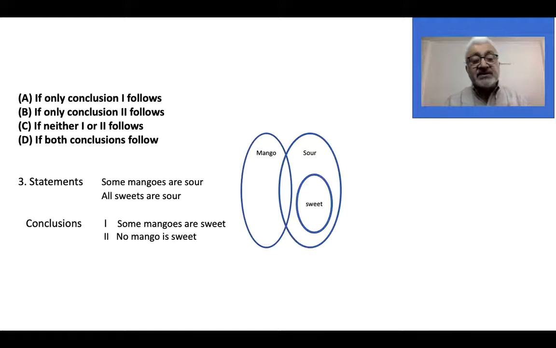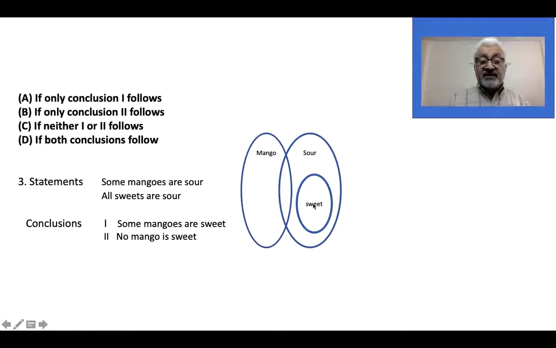The first one says some mangoes are sweet. There is no connection between mangoes and sweet. But can they intersect? Can we have a situation where mangoes and sweet intersect? Does it say that mangoes cannot meet sweet? Do our conclusions say that mangoes cannot meet sweet? Answer is no. No relation between mangoes and sweet is given.